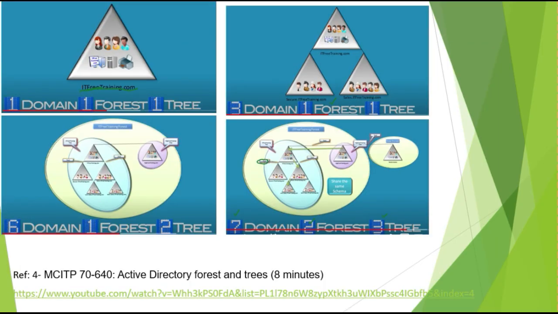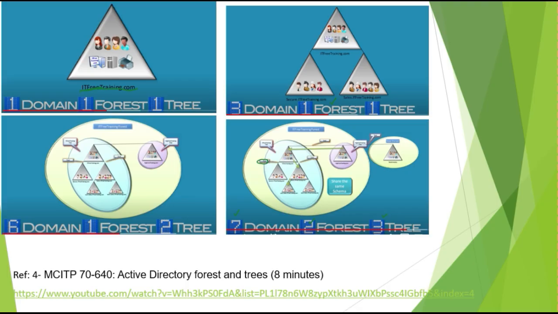You can have other kinds of configuration in your Active Directory. For example, the first diagram, you only have 1 domain and 1 forest in that domain, and also 1 tree. So maybe for a small scale company, it is possible to do this. Okay, but when you grow bigger, you might have 3 domains in 1 forest and 1 tree.